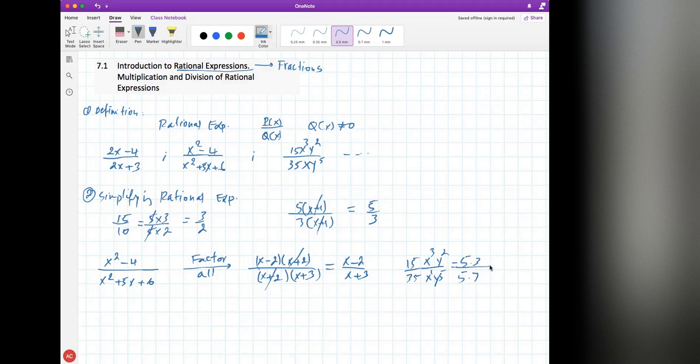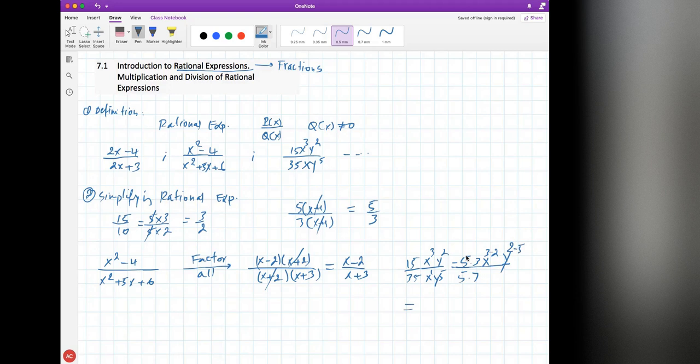What do we do with the powers again? We subtract the powers when we have fractions, so 3 minus 2. Then we have y squared over y to the 5, also subtract the powers.